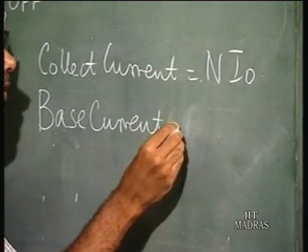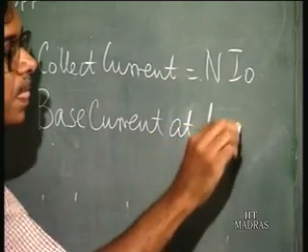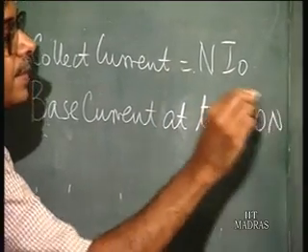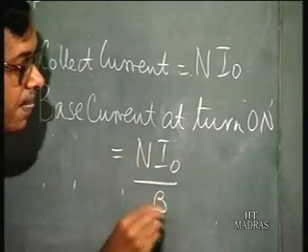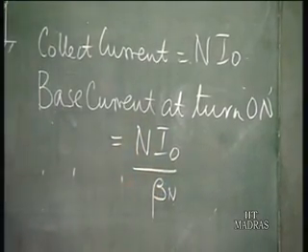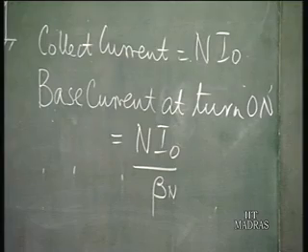So, the base current at turn on is n I naught by beta, of course this is beta n of the NPN transistor.